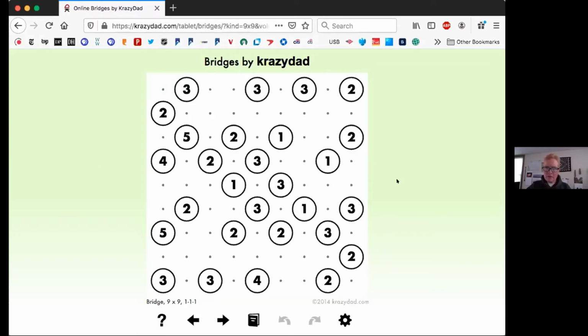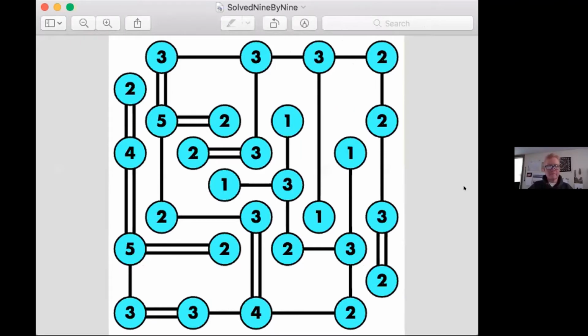The way I'm going to introduce this is I'm going to show you the picture of this particular puzzle already solved. So let me bring that up for you. So here is that puzzle solved.